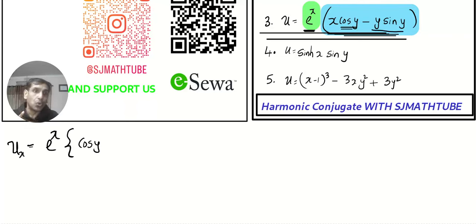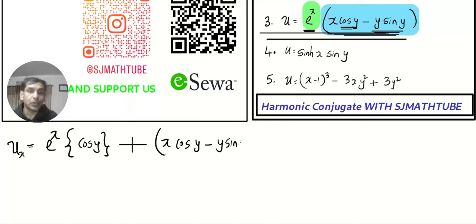Minus, the whole thing is a constant, so it's going to be 0. So that's it. Plus, now the blue function. You remember the product rule. Green, derivative of blue, done. Now blue. What's the blue function? Can you please read it? x cos y minus y sin y multiplied by e to the power x.